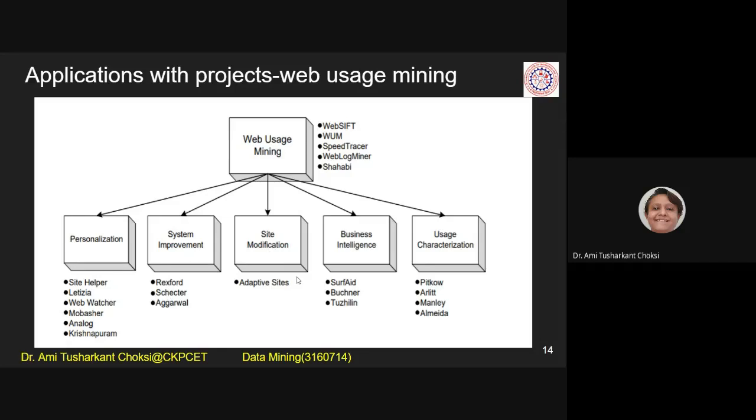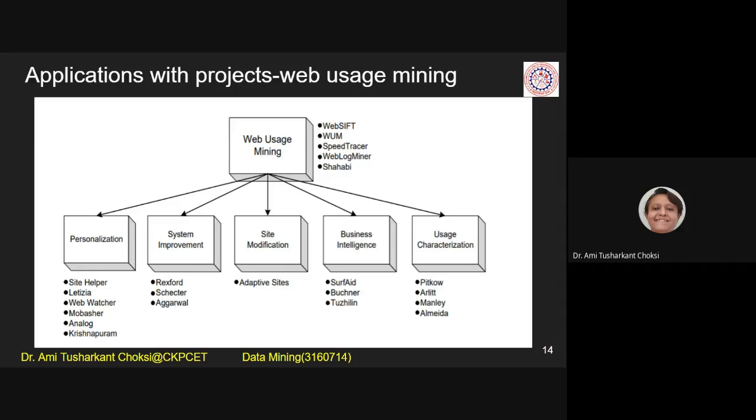Adaptive sites, we can say. Not all the sites change every day, but adaptive sites adapt to whatever the user likes, the way they want to use something, when they get the idea from web usage. Suppose on clicking a particular page, we can see which page they go to, and we can mine the pattern through which we get the idea that they are following this path, say page 1 to page 2 to page 3.